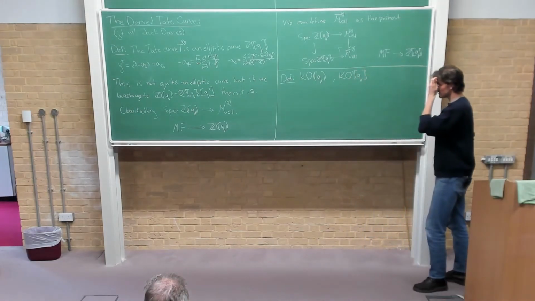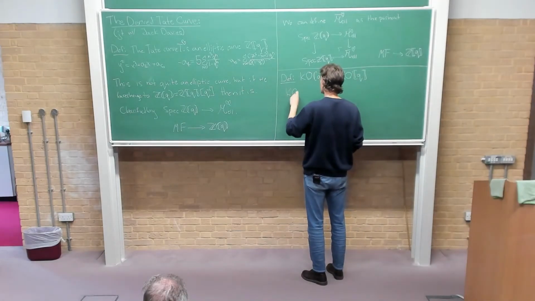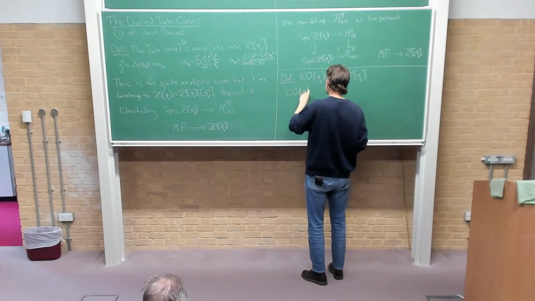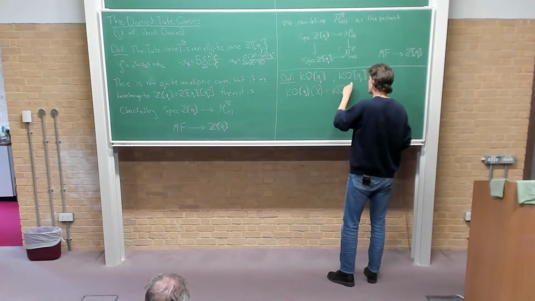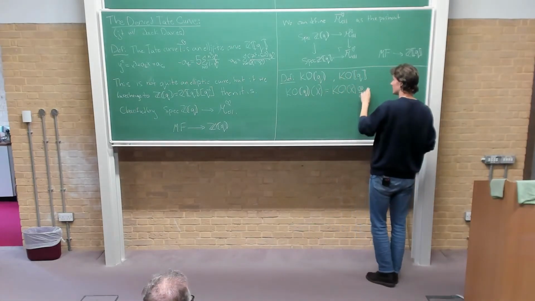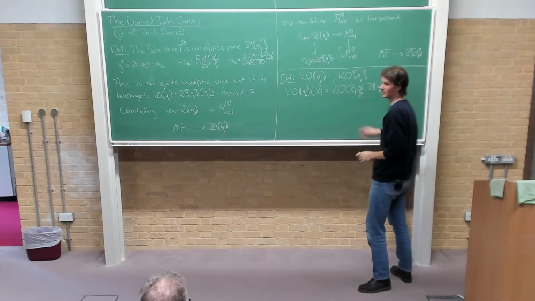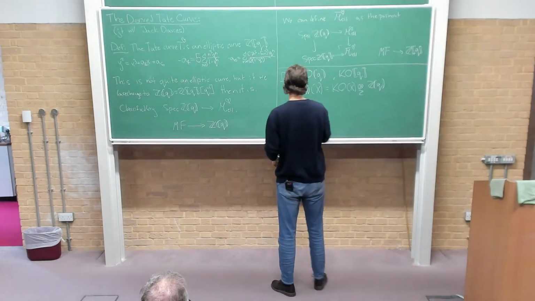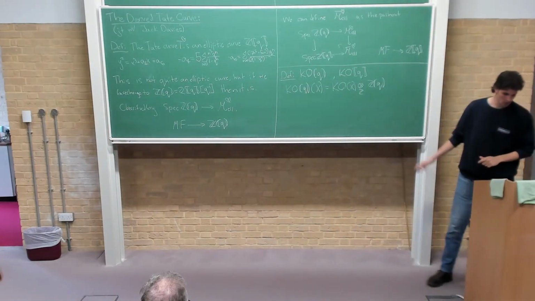And in each case, I can just define them by base changing KO[[q]] applied to some finite CW complex X, which is KO of X, and my base change over Z. This map is flat, so this again defines a cohomology theory. And so these are cohomology theories. They define spectra.